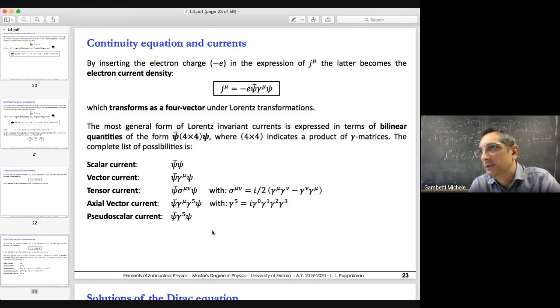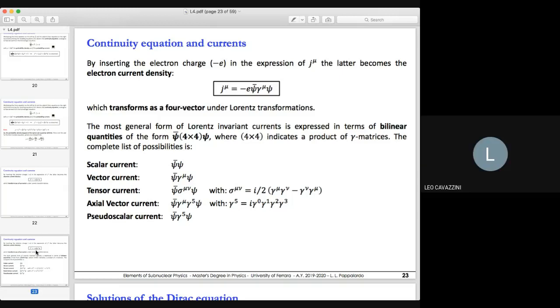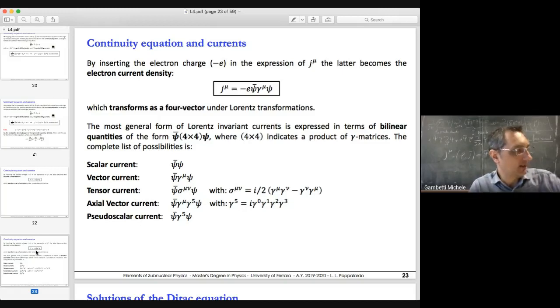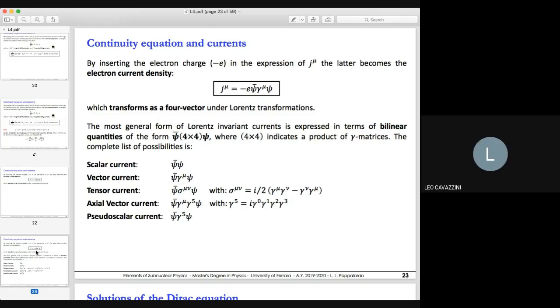Ok, facciamo una pausa? Va bene? Ok, dopodiché riprendiamo alle 12, poi continuiamo appunto a spiegare un pochettino, descrivere le soluzioni delle equazioni di Dirac. Ok, ripartiamo alle 12.